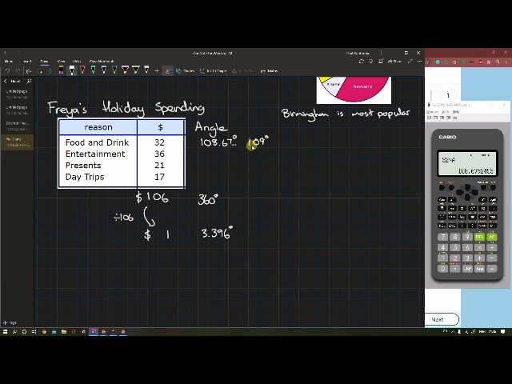You are unlikely to be able to measure more accurately than 109 degrees. Do the same thing with the next one, 36 multiplied by the variable A, and we get 122.2, the 2 rounds down, so it's 122 degrees.